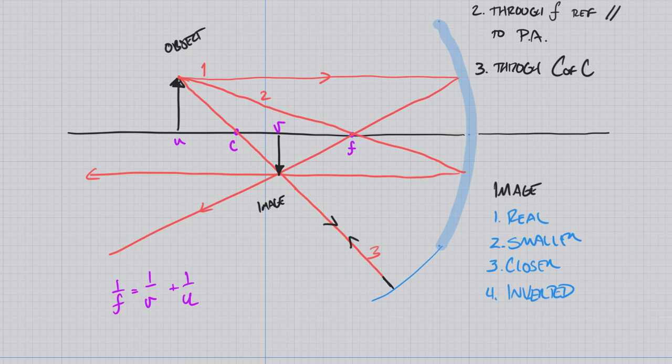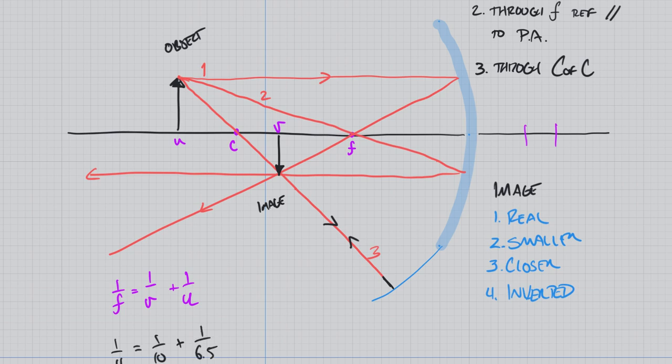So if I were to do this based on what we have here, if we just say each one of these little marks is going to be 1 centimeter, I would say 1 over f, which my focal length is going to be 1, 2, 3, 4. So that's 1 over 4 equals 1 over u, which is 1, 2, 3, 4, 5, 6, 7, 8, 9, 10. 1 over 10 plus 1 over v, which v here is 1, 2, 3, 4, 5, 6 and a half.